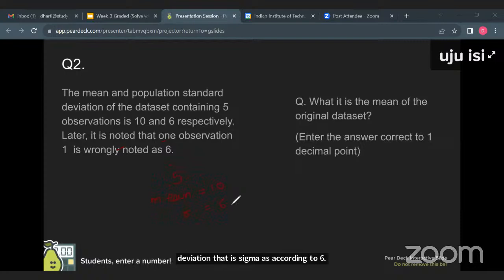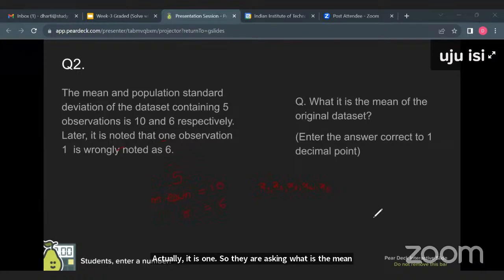As there are 5 data points, we have x1, x2, x3, x4 and x5. They say one of the 5 observations is wrongly noted as 6. Actually it is 1.